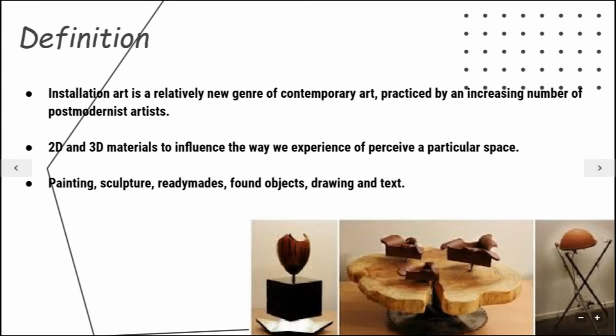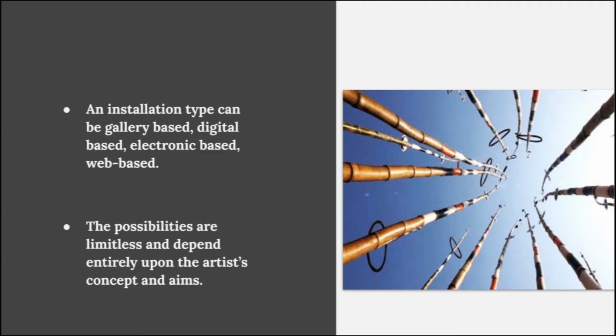These materials can comprise traditional and non-traditional media such as painting, sculpture, ready-mades, found objects, drawing, and text. An installation type can be gallery-based, digital-based, electronic-based, web-based, and the possibilities are limitless and depend entirely upon the artist's concept and aims.